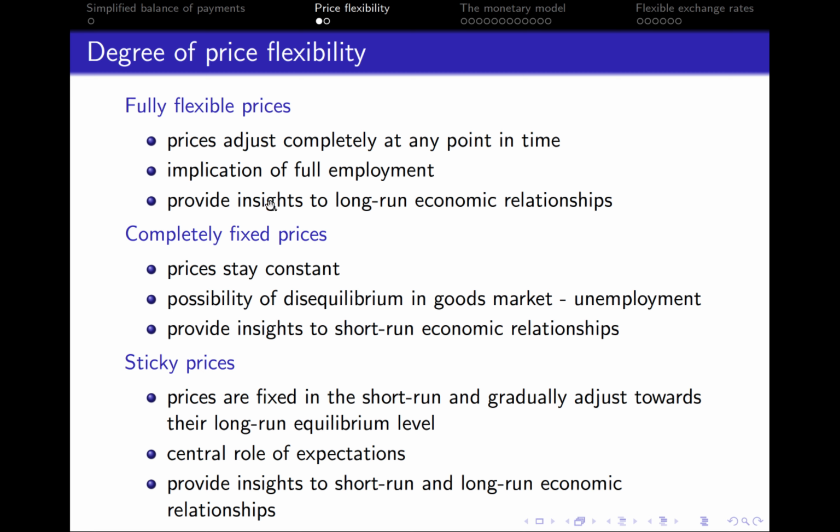Every time we were discussing long run models, for example in the macroeconomics class, we were relying on the assumption of fully flexible prices. And fully flexible prices imply full employment. But remember, full employment doesn't mean that all the laborers are working. It just means that the workforce is used effectively. So we very often say that unemployment is at its natural level.